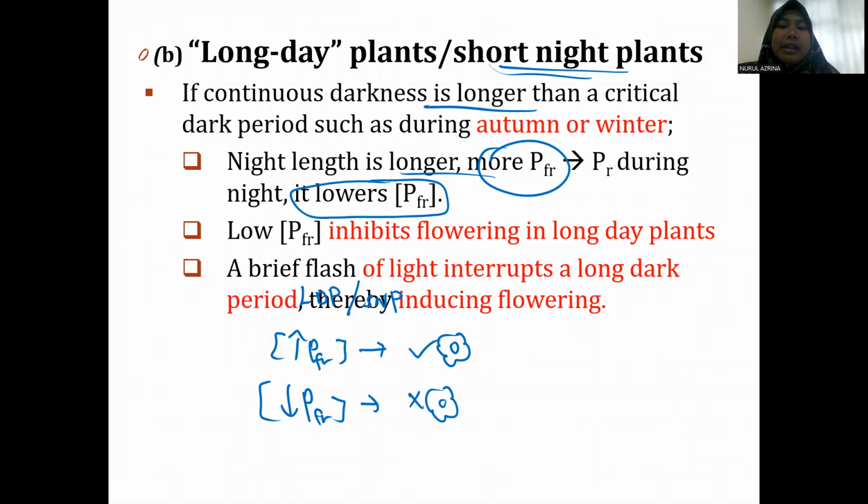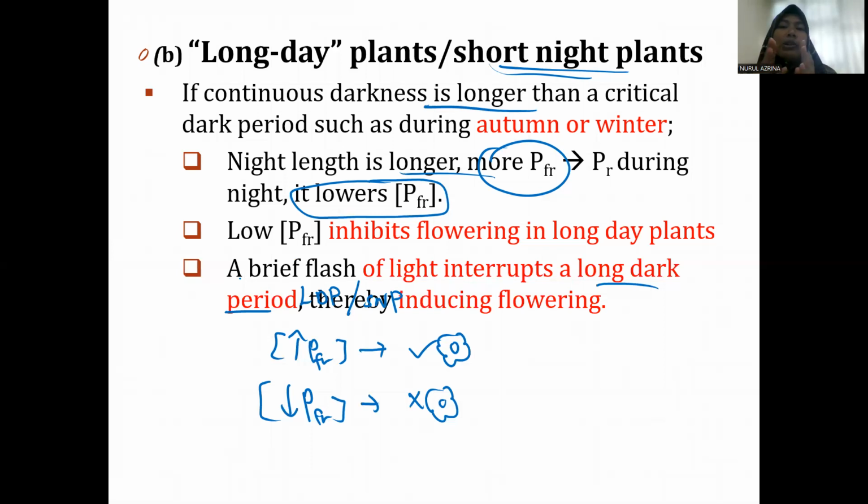So that is the conclusion that you can take from here. Okay, right. So a brief of light interrupts the long dark period. Contoh, kita dah bagi dia short night, right? Long day plant means short night. Okay. A brief of light interrupts the long dark period, which will induce the plant to flower. Okay. So short night plant requires shorter continuous dark period. Dia nak continuous dark period je, yang pendek. Alright.